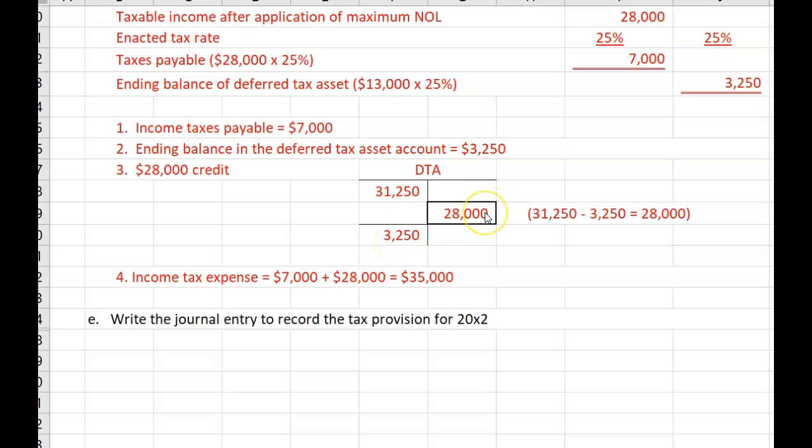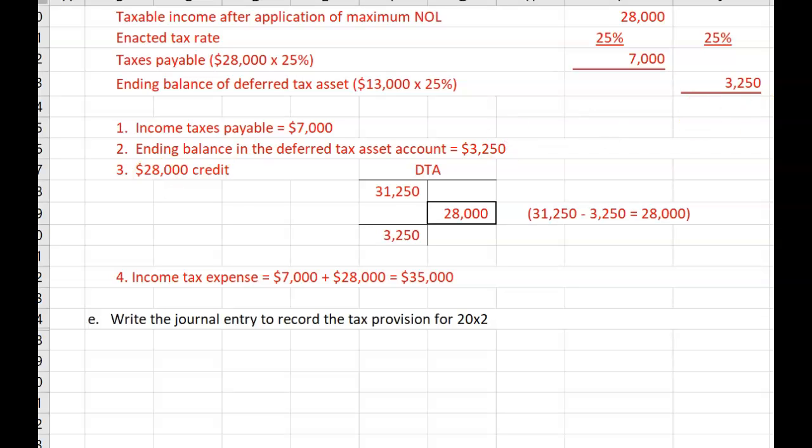We have to credit the account by $28,000, because $31,250 minus $28,000 equals $3,250. So the answer to number 3 is $28,000 credit.